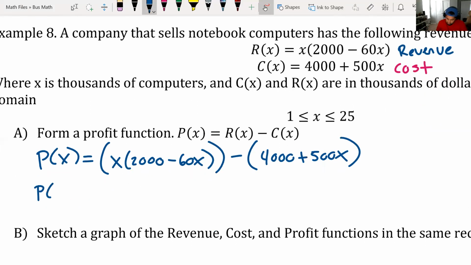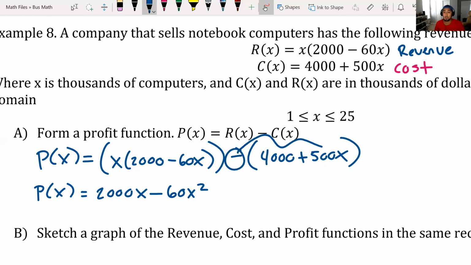Now, on the first one, I'm going to distribute the X and drop the parentheses. On the second one, all I have to do is distribute the negative. And now, combine like terms, and we have the profit function.